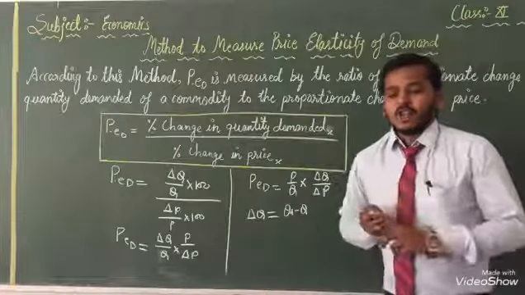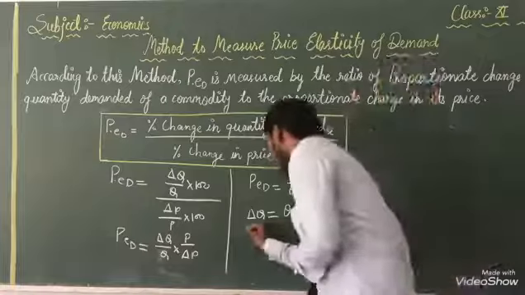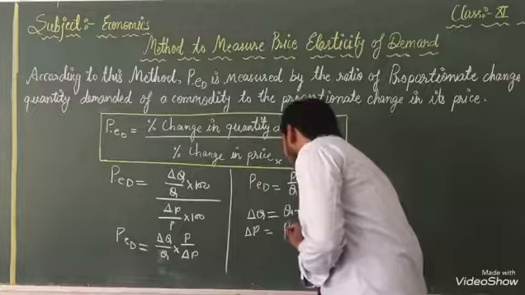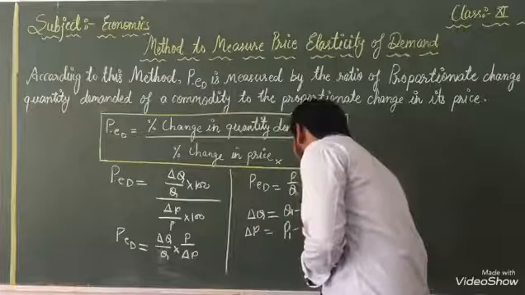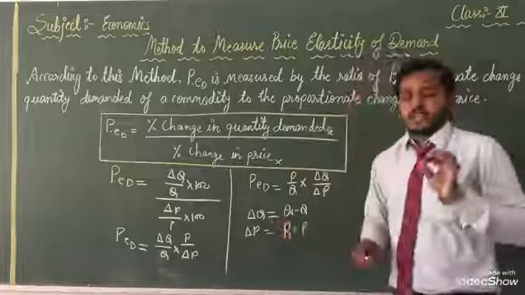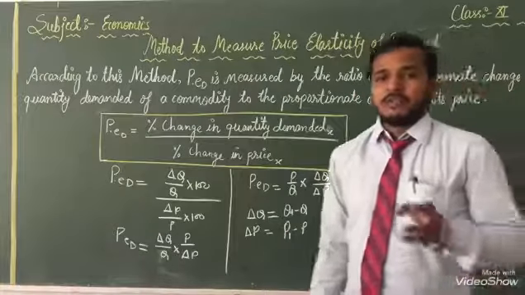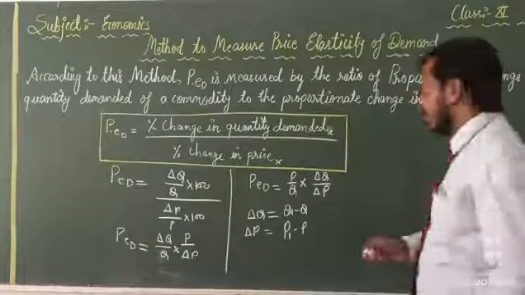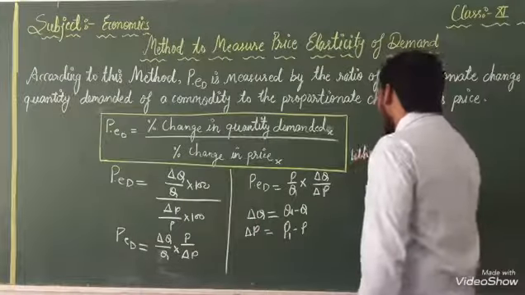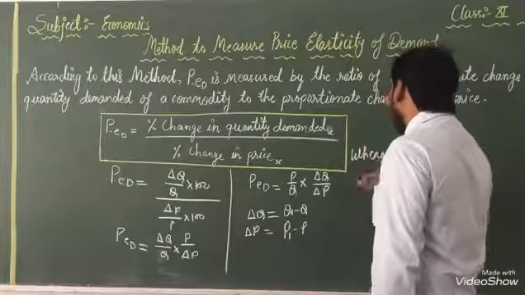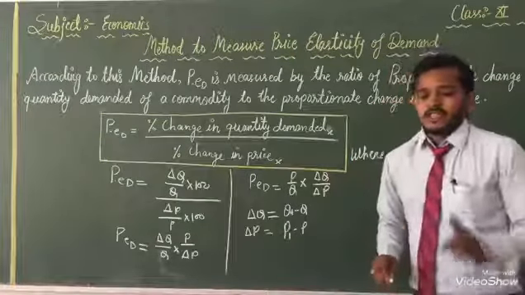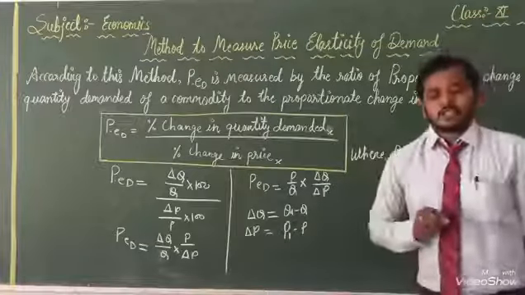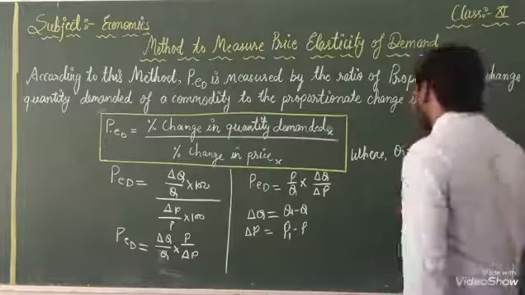Similarly, calculate del P equals P1 minus P. We have to calculate both, and then go to the next step. Here Q1 is the new quantity.